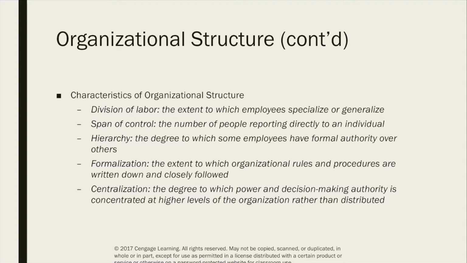And we're going to see here in a minute an example of an organizational chart that shows a wide span of control where one individual may have purview over many people. There are pros and there are cons to it. But our span of control does deal with the number of people directly reporting to an individual.